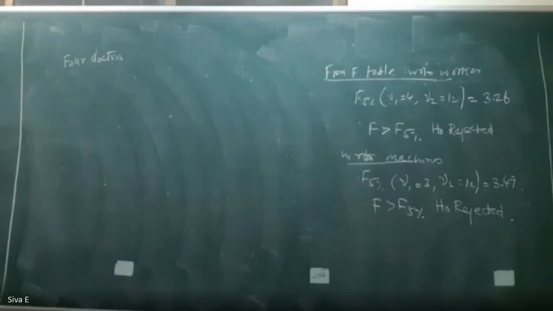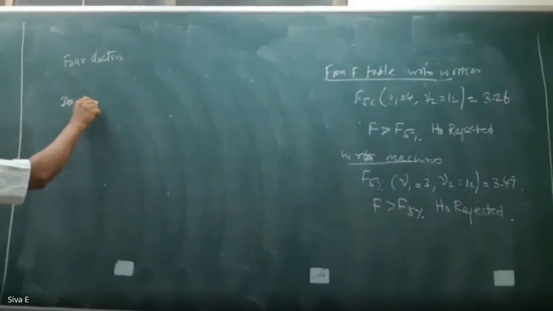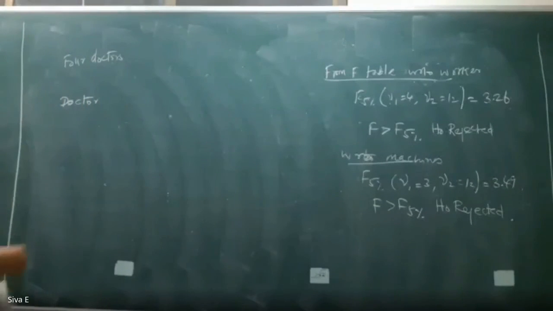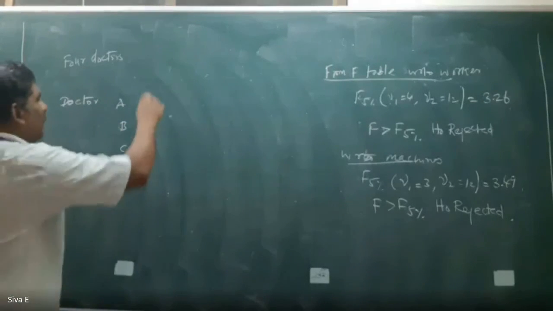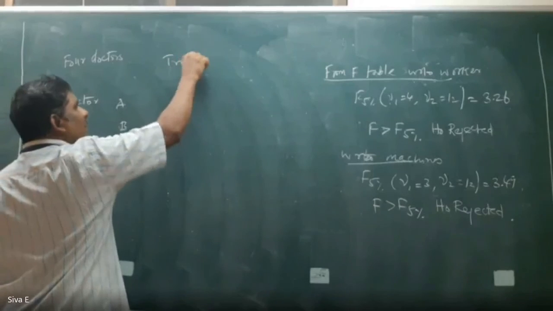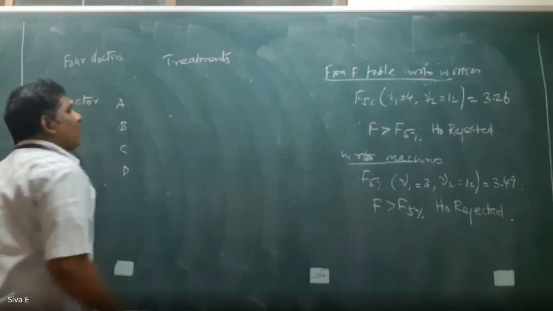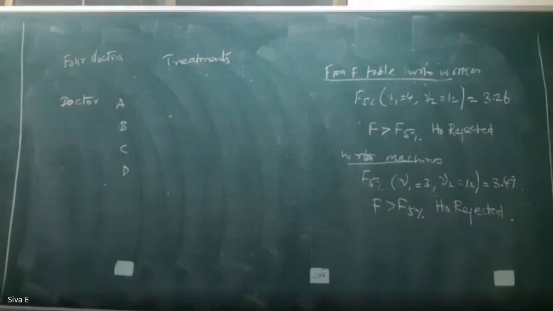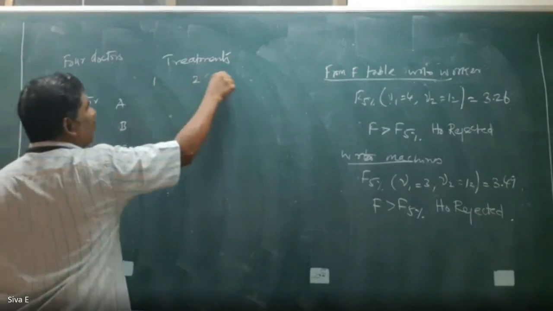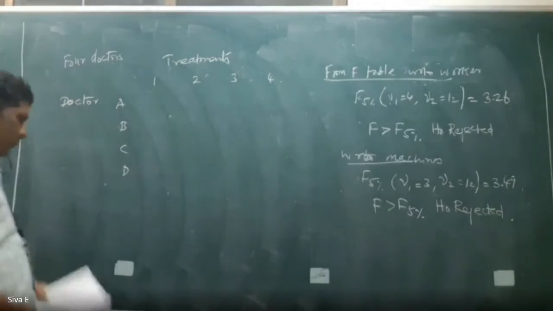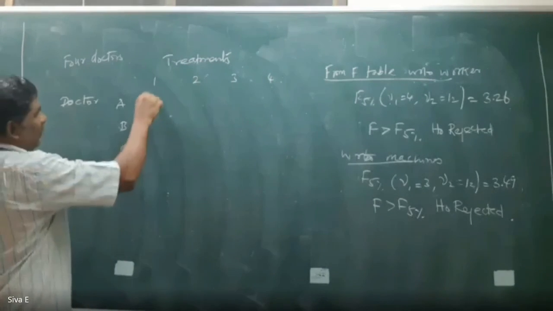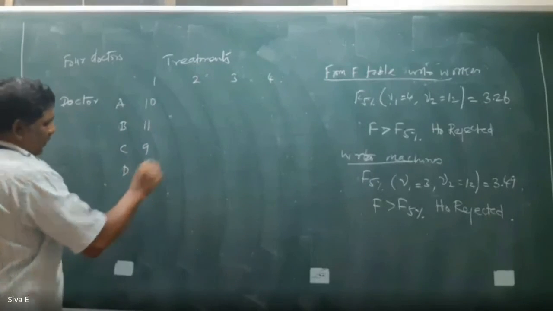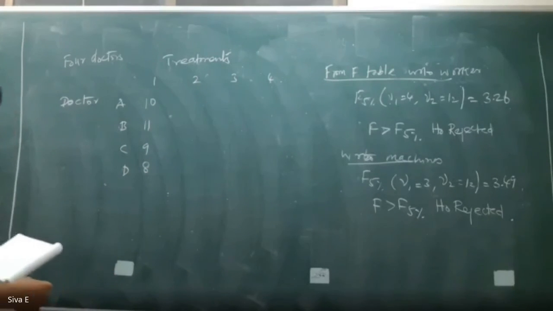Doctors A, B, C, D. Treatment types 1, 2, 3, 4. 10, 11, 9, 8. 14, 15, 12, 13.